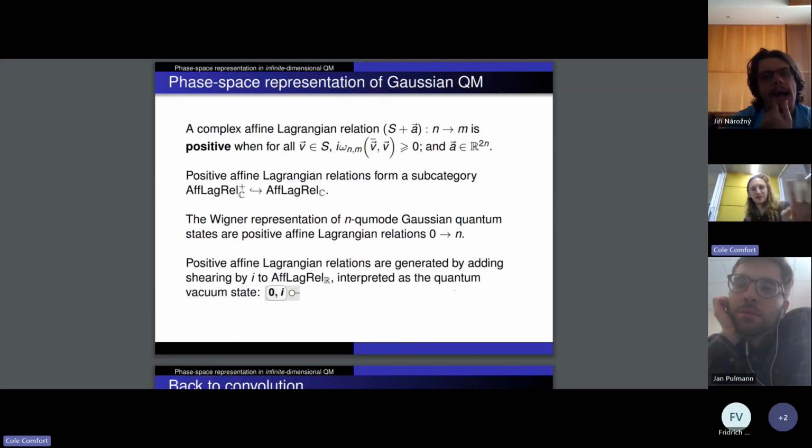So this looks like maybe an unmotivated, weird inequation, but it turns out that the Wigner representation of the Gaussian state is precisely a positive affine Lagrangian relation.